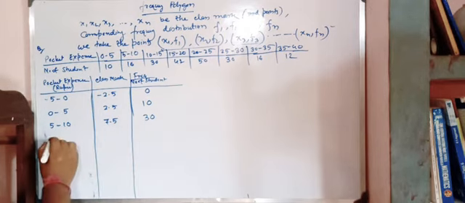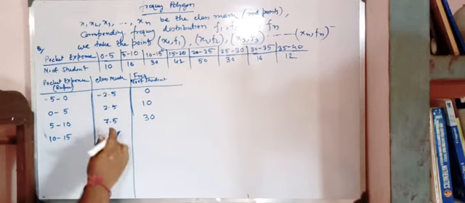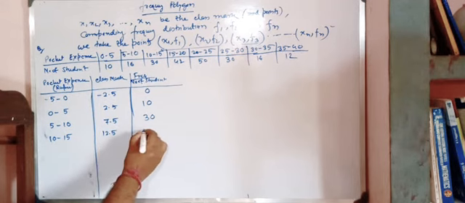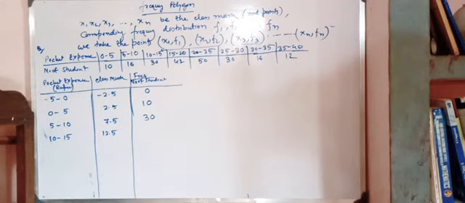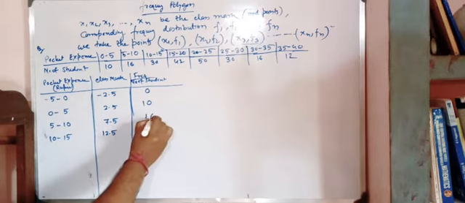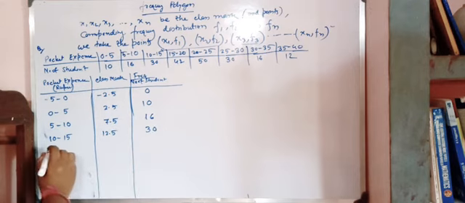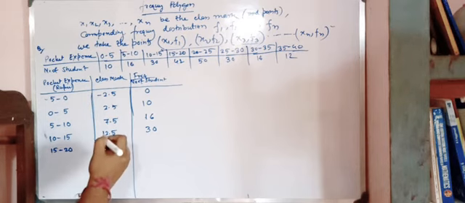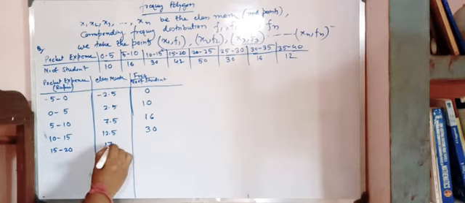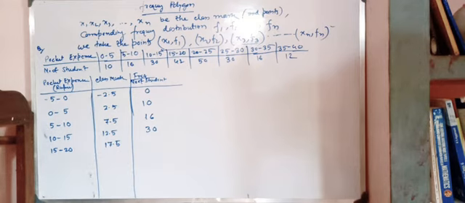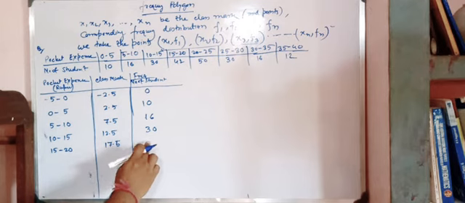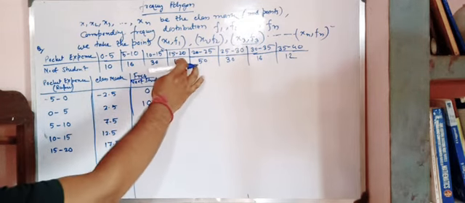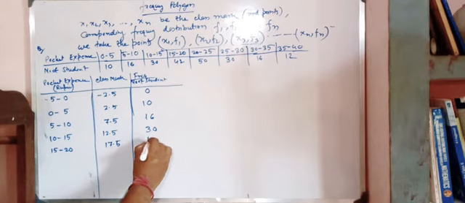Next 10 to 15, class mark is 12.5 and the corresponding frequency is 16, not 30, this is 16, this is 30. Next 15 to 20, class mark should be 17.5, number of students 42.